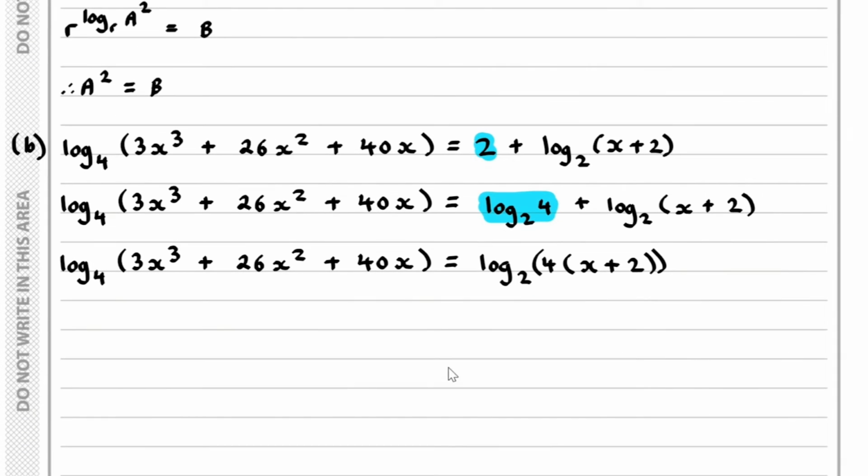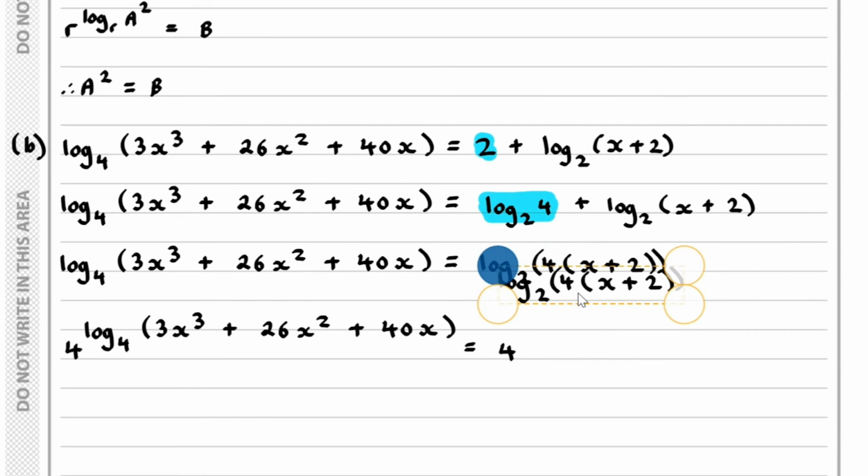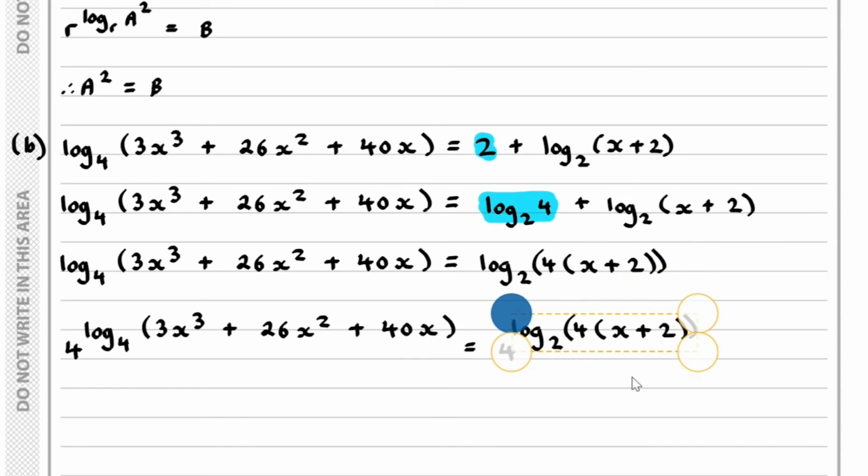And now if we do 4 to the power of what's on the left and what's on the right, so we've got 4 to the power of this equaling 4 to the power of this. We need to now simplify all of this.